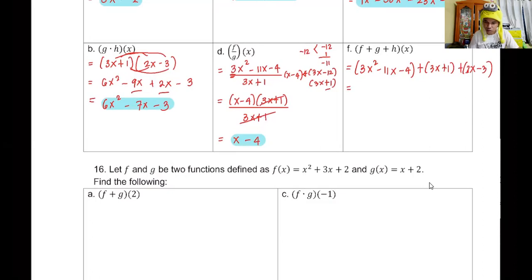In fact, everything is plus, so it can just be removed. So 3x squared minus 11x minus 4 plus 3x plus 1 plus 2x minus 3. The answer is 3x squared, there is no other x squared. So we have here negative 11 plus 3 plus 2. So the answer is negative 6x. And then negative 4 plus 1 minus 3. The answer is negative 6.